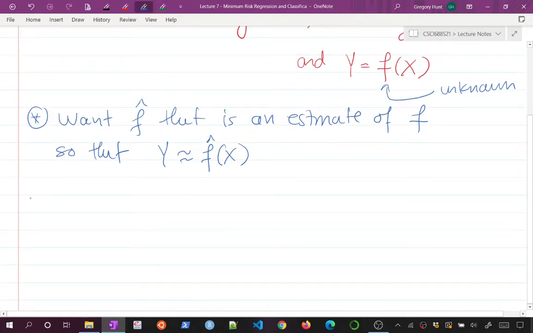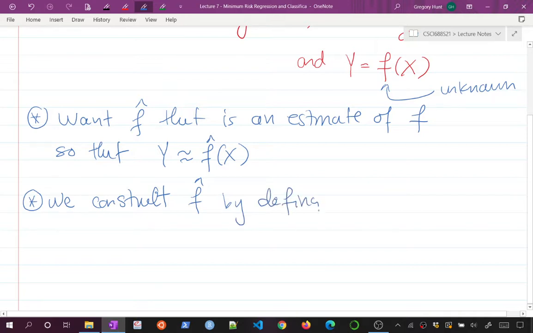And let's say we construct f hat by defining a loss L, so L is just some real valued function.